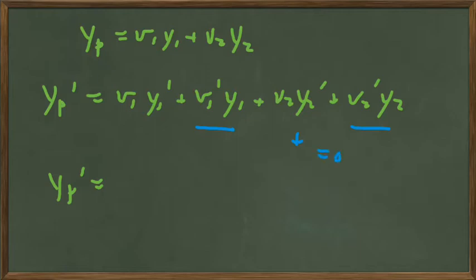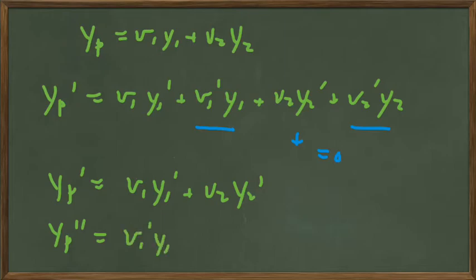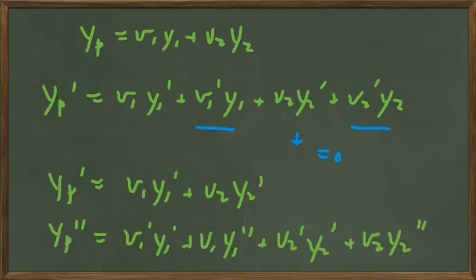So yp prime becomes v1 y1 prime plus v2 y2 prime, and yp double prime becomes, by the product rule, v1 prime y1 prime plus v1 y1 double prime plus v2 prime y2 prime plus v2 y2 double prime. So let's bring all that forward onto the next blackboard.